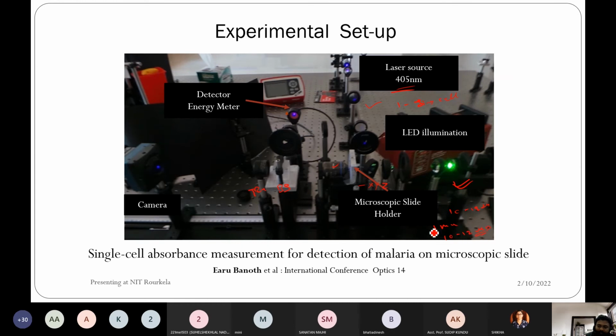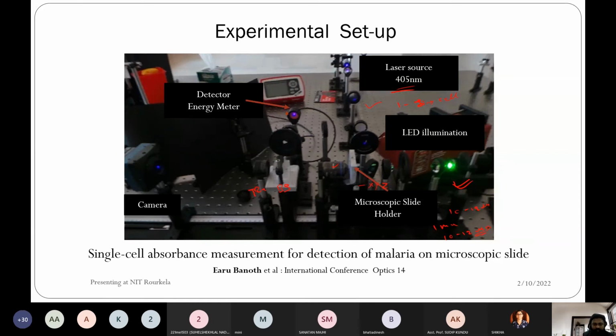To focus on a single small cell, the beam should not cover more than one cell, and it is supposed to cover one cell perfectly, so that I get the single cell and its absorption property.